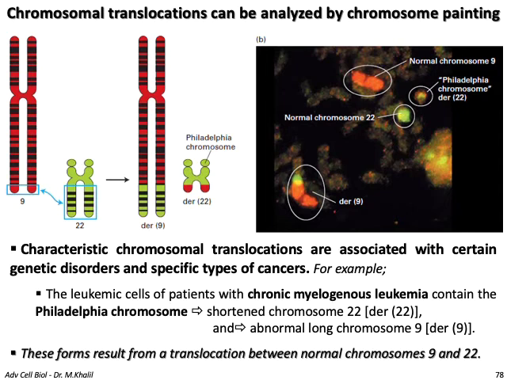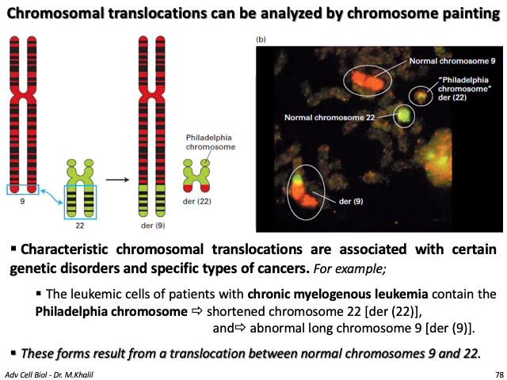For example, this is a type of chronic myelogenous leukemia that contains the Philadelphia chromosome. In other words, it contains two abnormal versions of the normal chromosomes: the shortened chromosome 22, DER22, and the abnormally long chromosome 9, DER9.